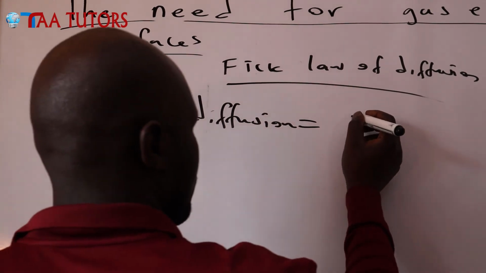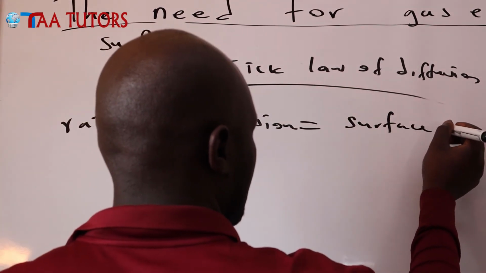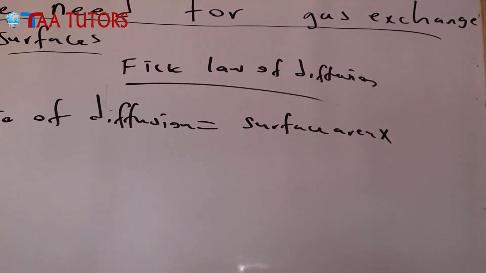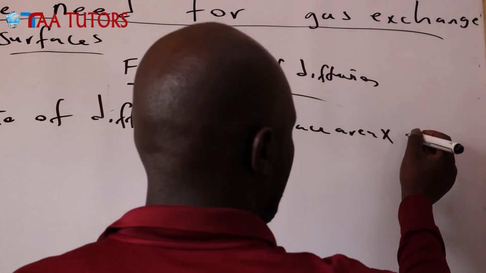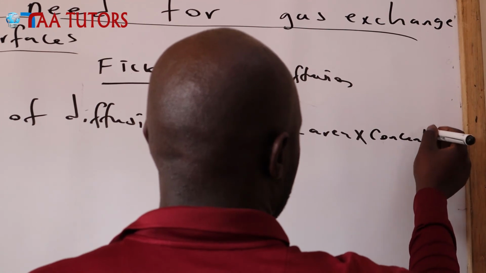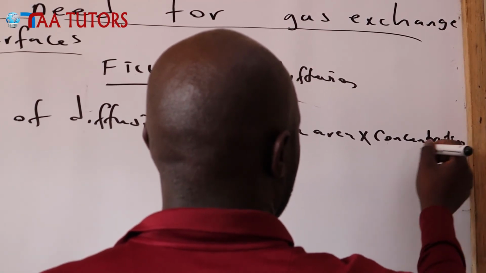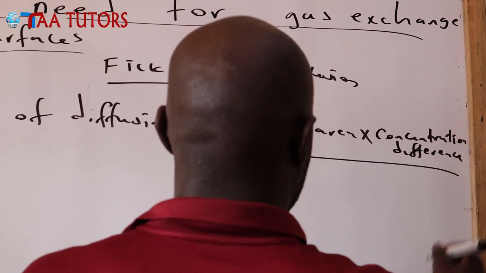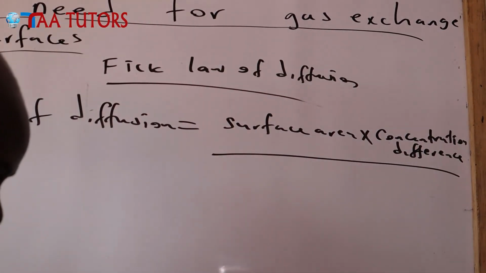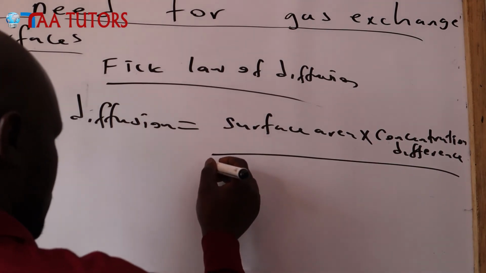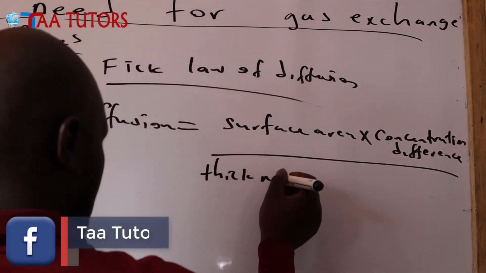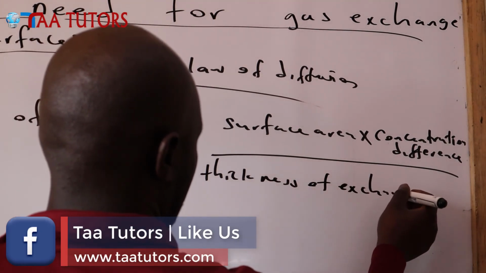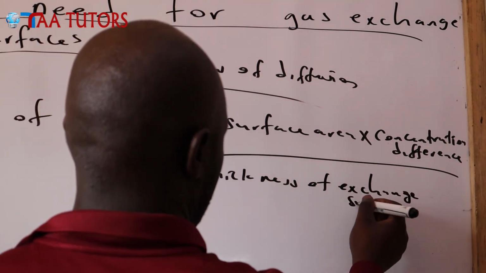If we have the surface area of the molecules, you multiply by the concentration difference, and then you divide by the thickness of the membrane, the thickness of the exchange surface.